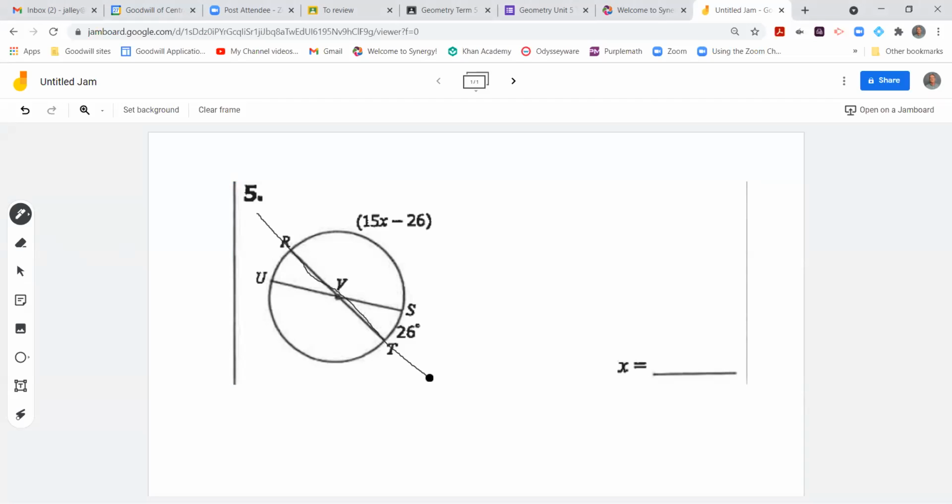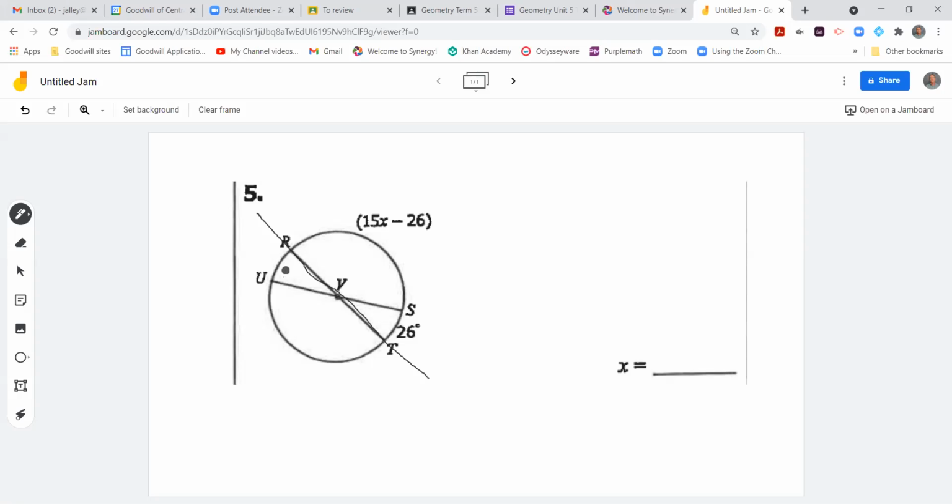If it really truly cuts that circle in half, I don't know. I'm not positive. So to be conservative, I probably should not assume that it is.